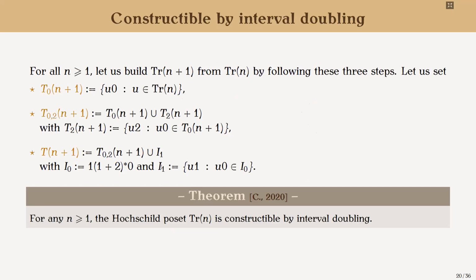And I1 is the set of elements of I0 where we replace the ending 0 by 1. And this allows us to show that finally the Hochschild poset is constructible by interval doubling.